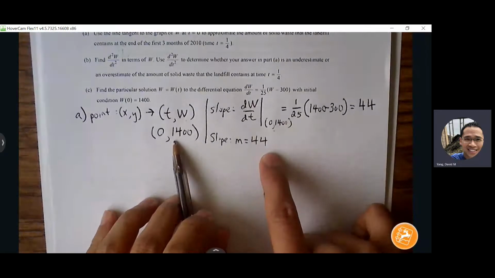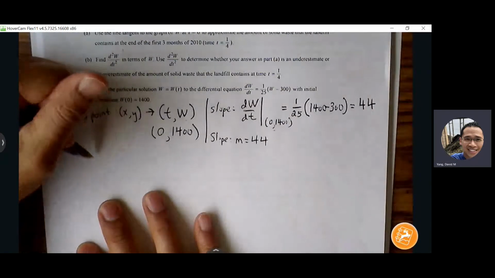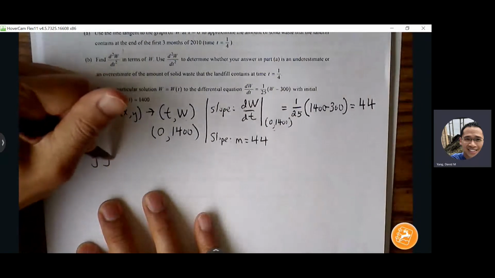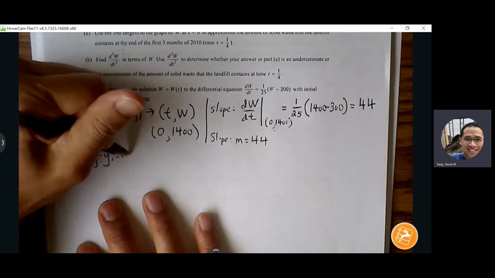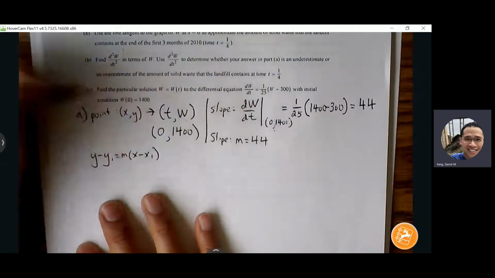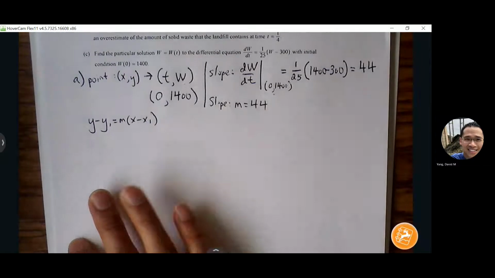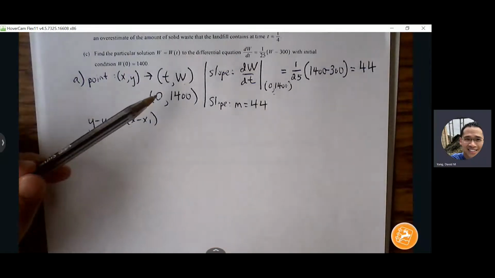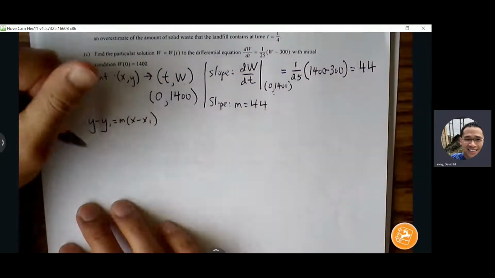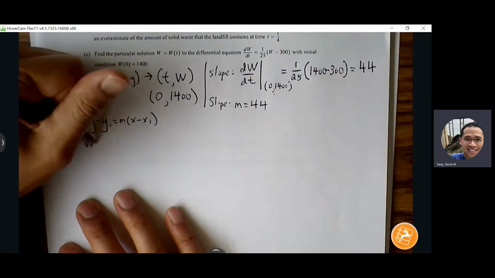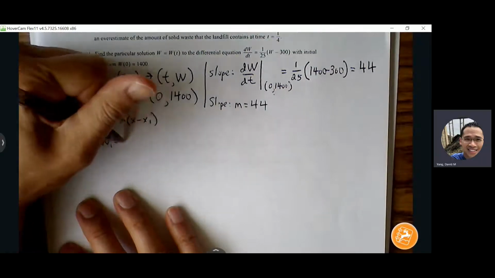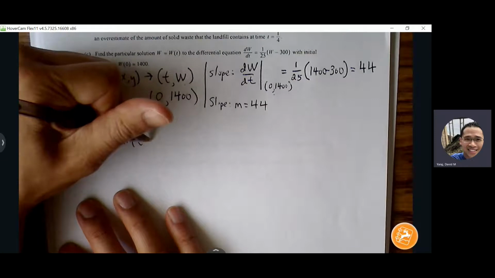Okay, we have our ordered pair, we have our slope. Typically, when we do point-slope form, we're used to having it as y minus y1 is equal to m times x minus x1. But now, instead of x and y, we're using t and w, so we want it in this form now: w minus w1 is equal to m times t minus t1.